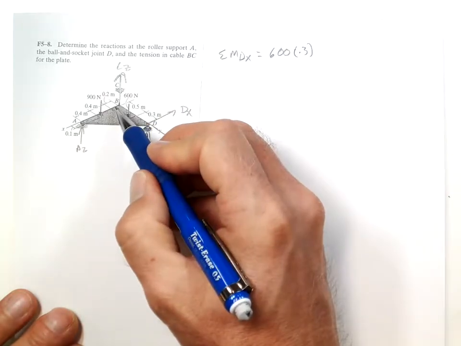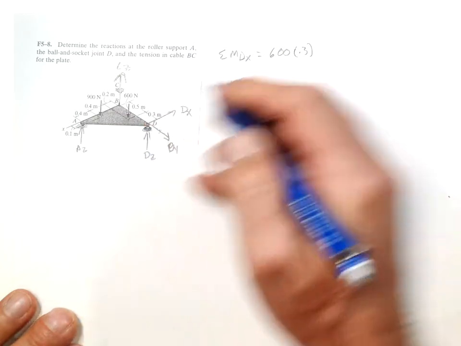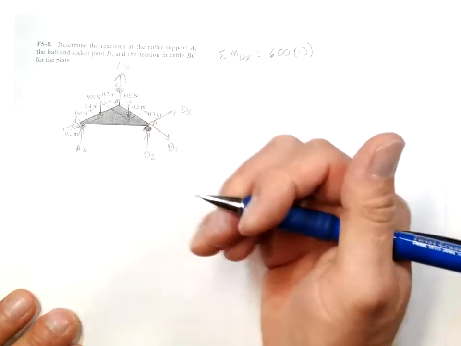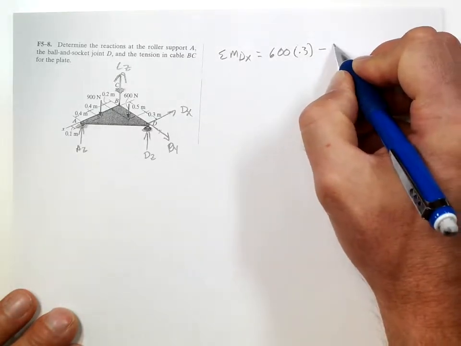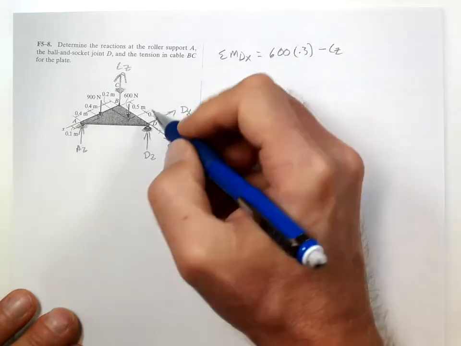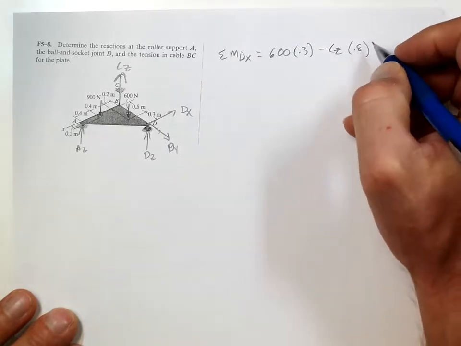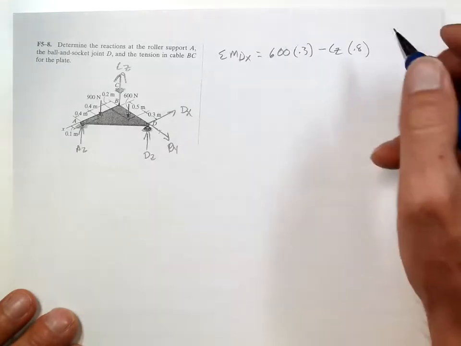And then we have the CZ up, and that's going to cause rotation in the negative x. And the distance there is 0.8. And then we have the 900 down causing positive rotation.